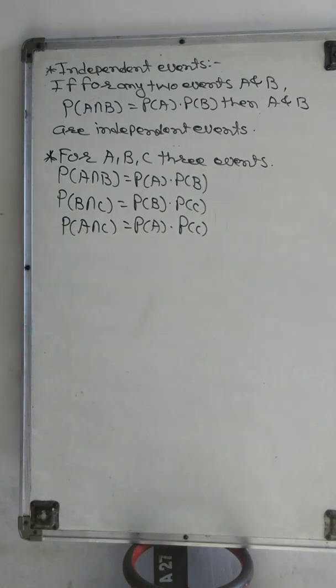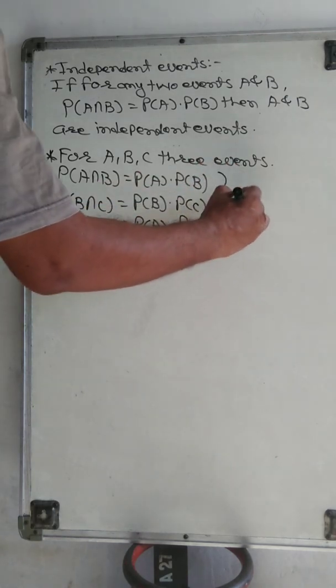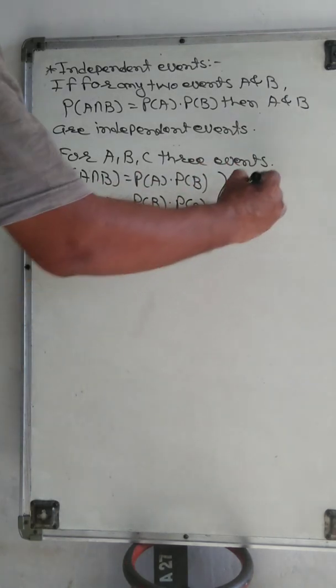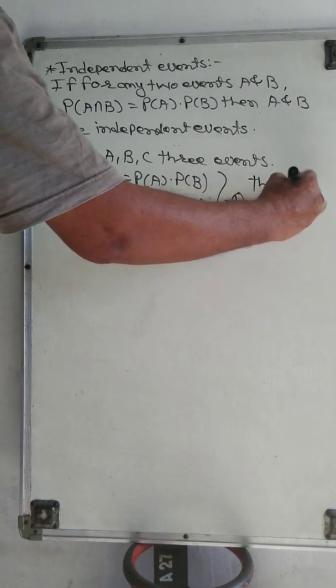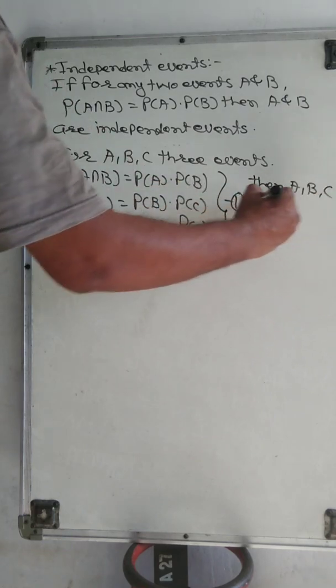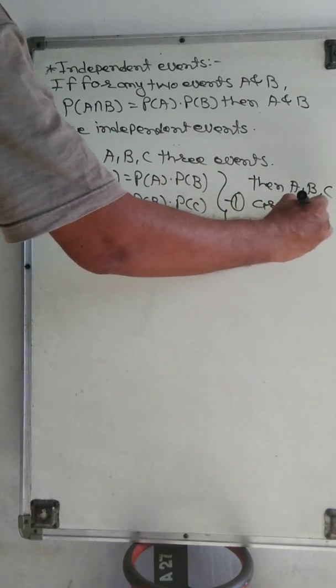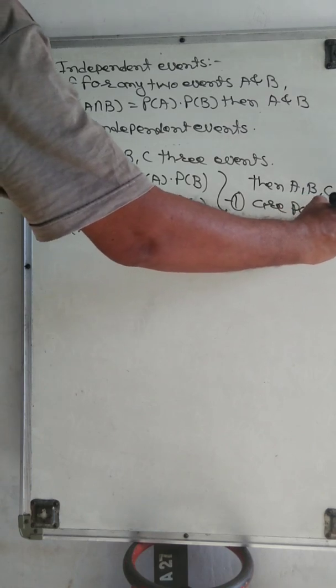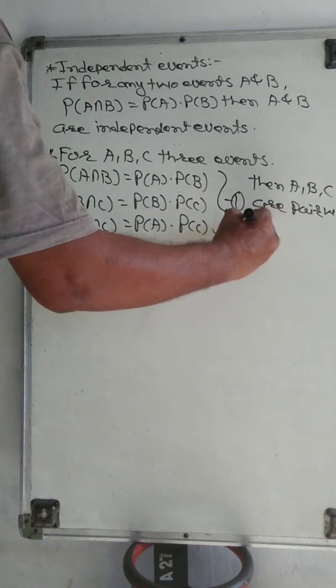If these 3 terms are satisfied, then we can say that A, B, C are pairwise independent events.